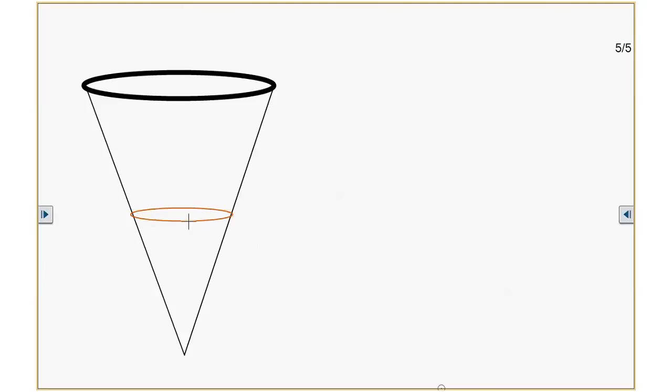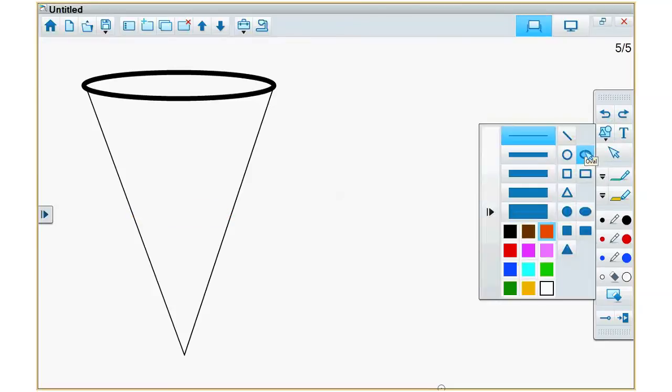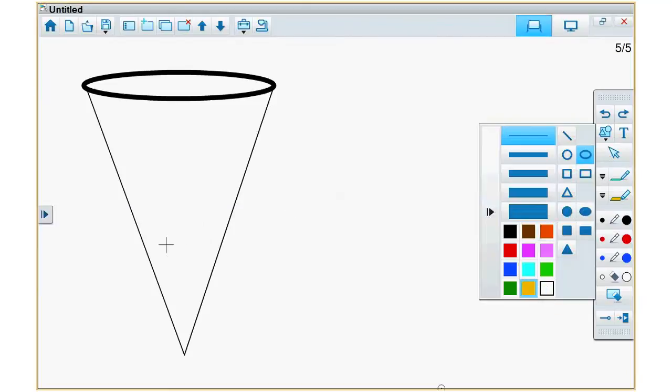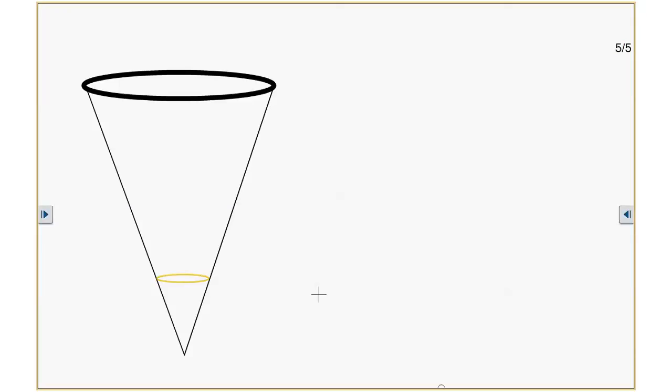Actually, I'm going to change that. I like that. Wish I could make it gray, but I can't. Make it a real light yellow so you can barely see it, because I don't want you to see it too much. There.